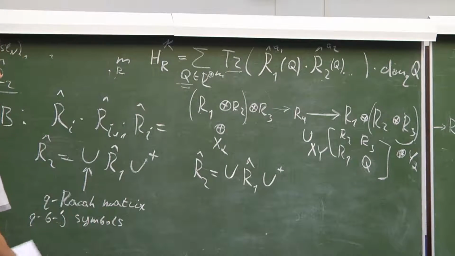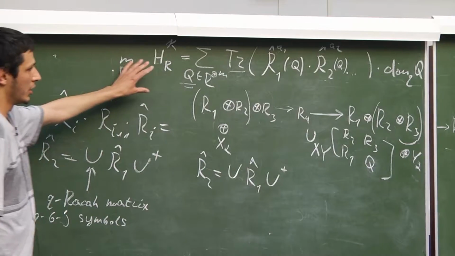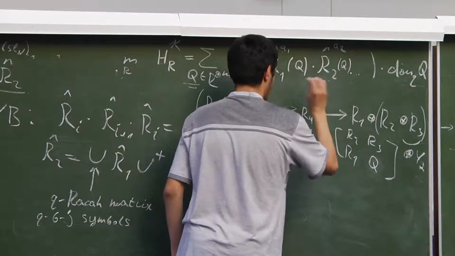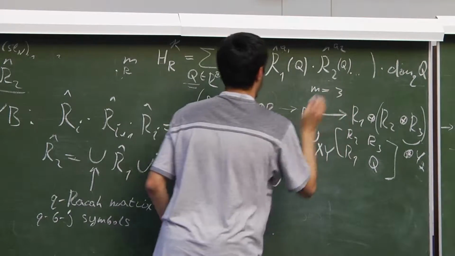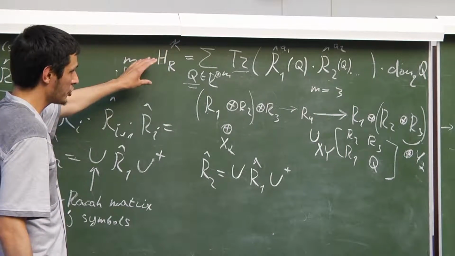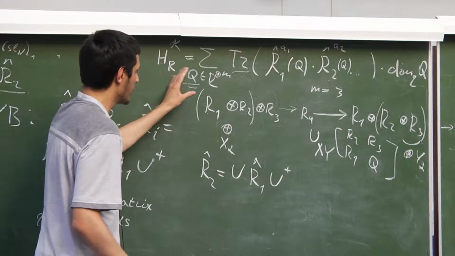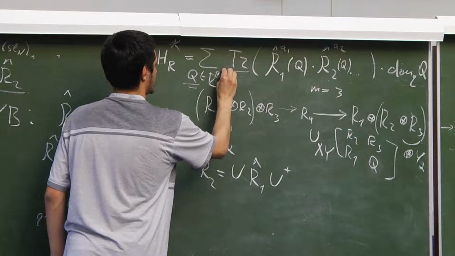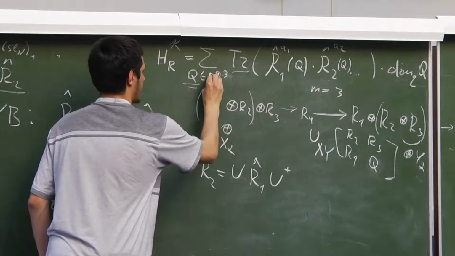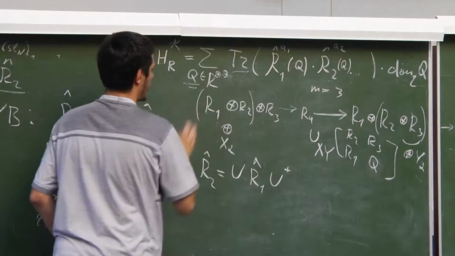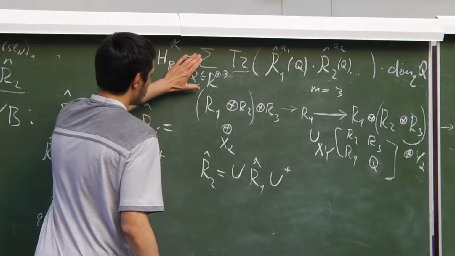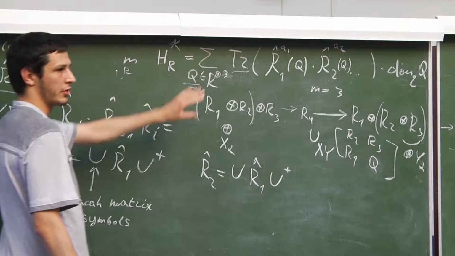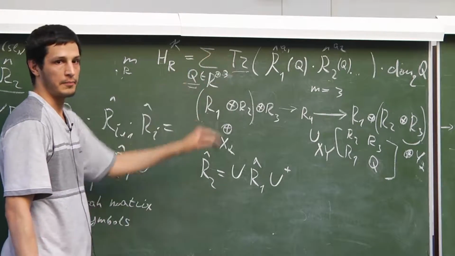So if I use this approach, if I want to calculate quantum invariants at some representation R, then I have to consider the tensor cube of representation R, and I have to calculate Racah matrices for all terms which appear in this sum.